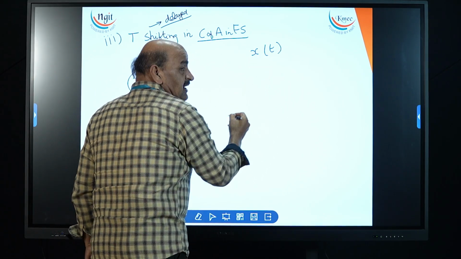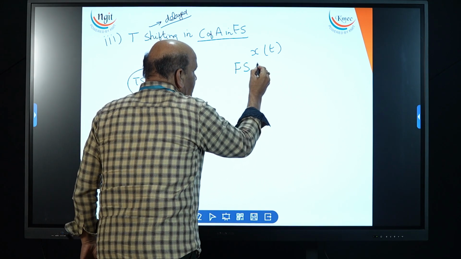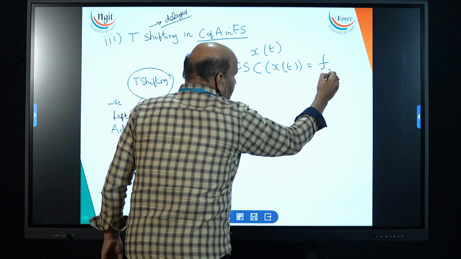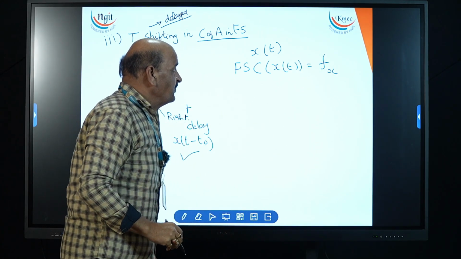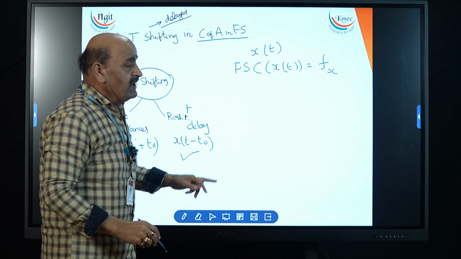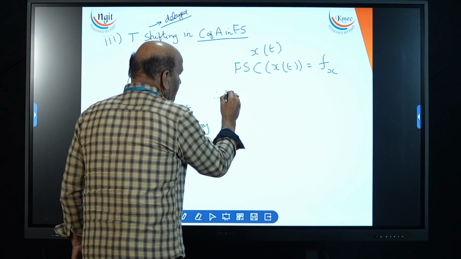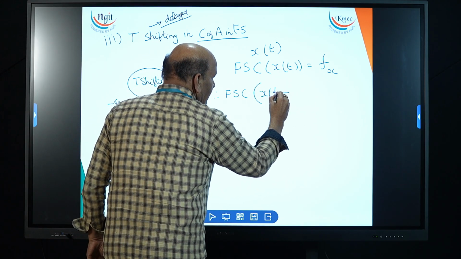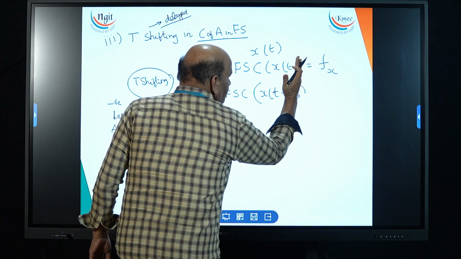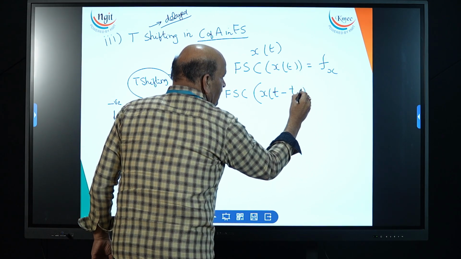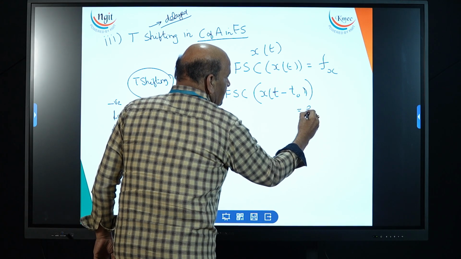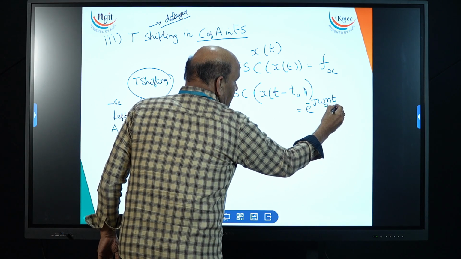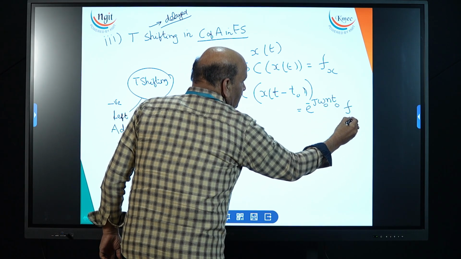Now let us discuss this. If x of t is a signal, and the Fourier series coefficient of x of t is, let us say, f of x. With a time delay of t naught, the Fourier series coefficient of the signal delayed by t naught is equal to e power minus j omega naught n t naught into the coefficient of that signal.